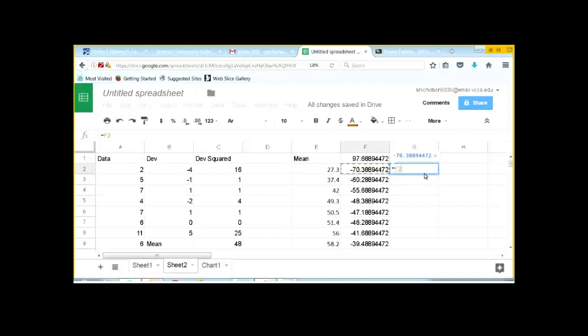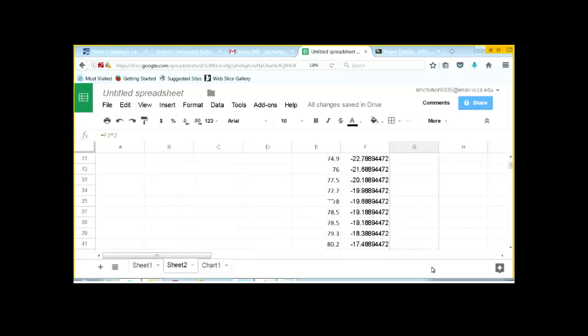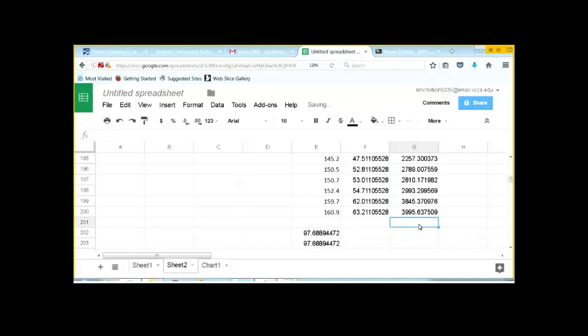And then I could do the deviation squared, so I just say that squared. So those are the deviations. I copy that formula all the way down. Okay.